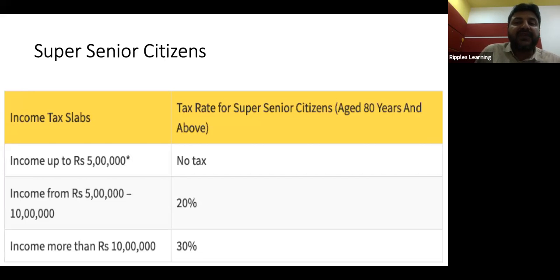So if you have employees working who are above 60, which can mostly be the case, above 80 might not be, but a lot of people do work in colleges, institutions, and elsewhere. If people working above 60 move to the new tax regime, they will not get the special tax exemption for seniors and super seniors. It is only applicable in the old tax regime, right?